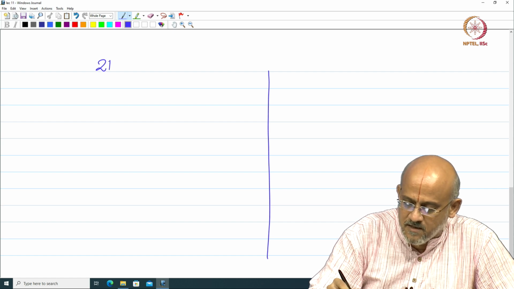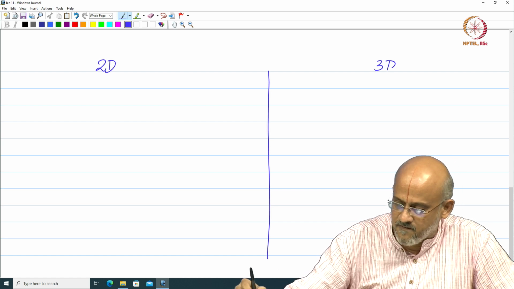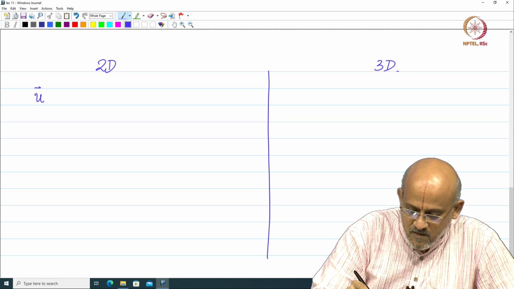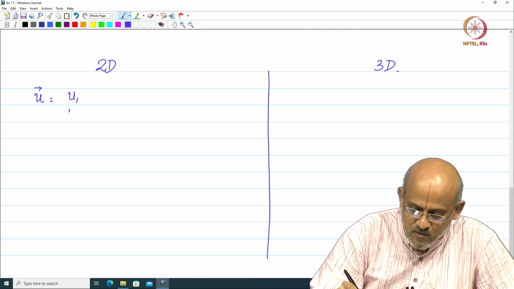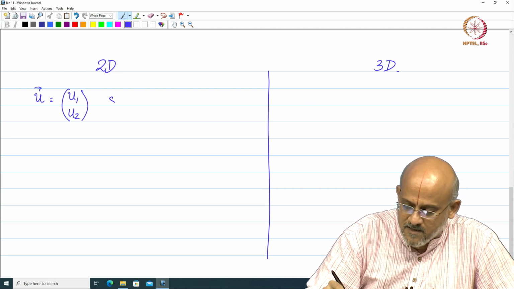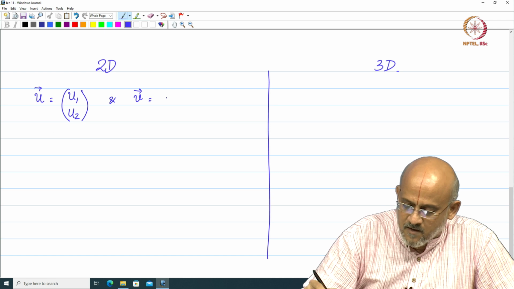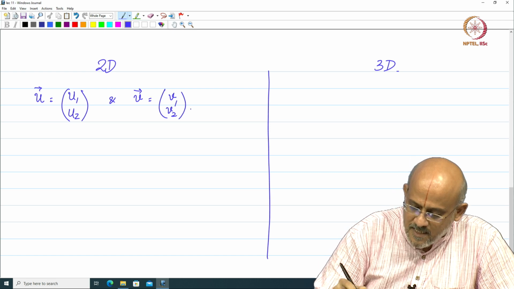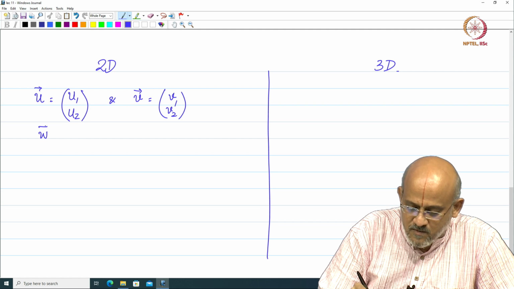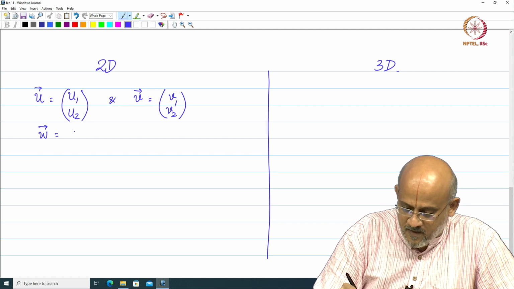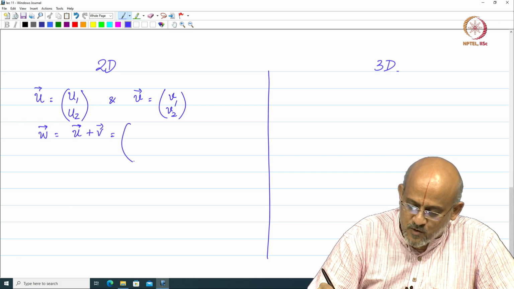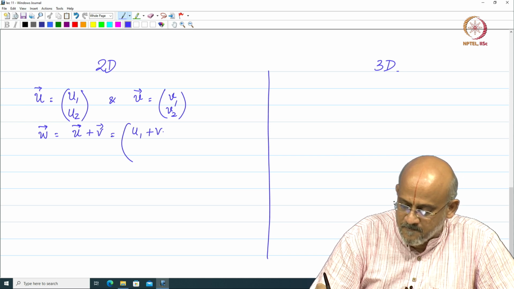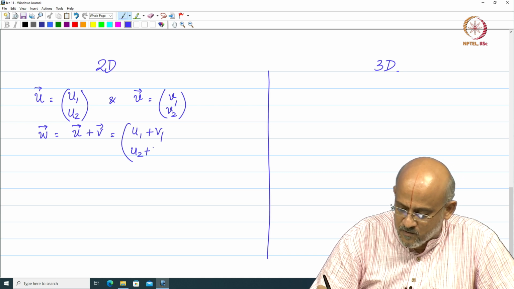In 2D we had this, where suppose I had a vector u which was u1, u2 and the vector v which was v1, v2. We said that the vector w, which is the sum of these two vectors u plus v, is equal to u1 plus v1 and u2 plus v2.